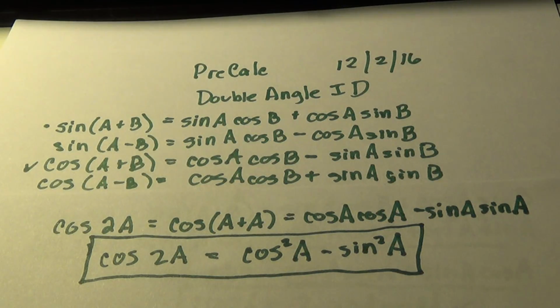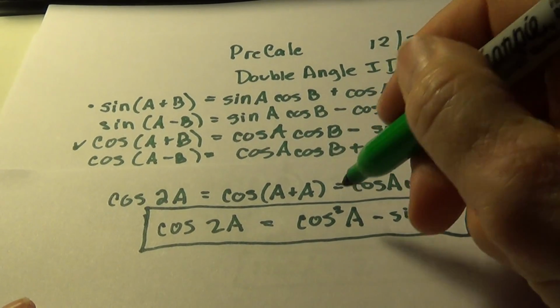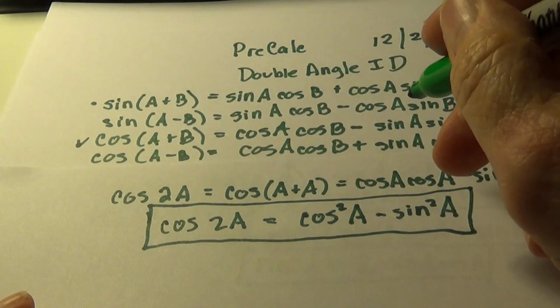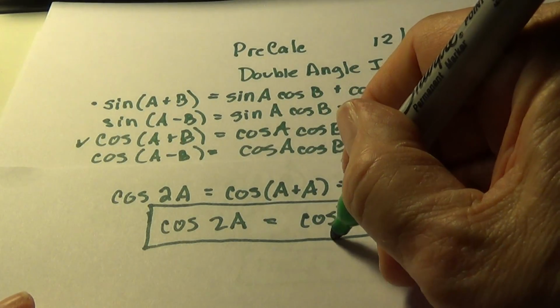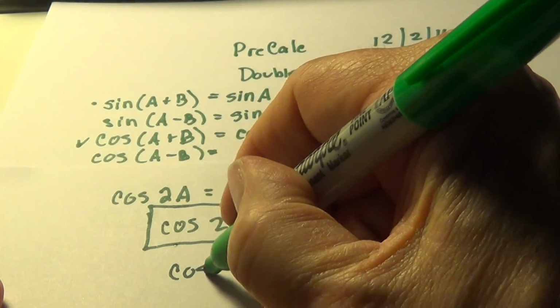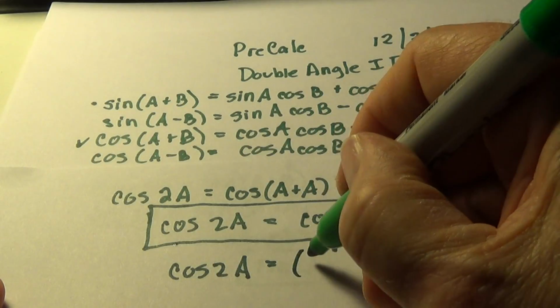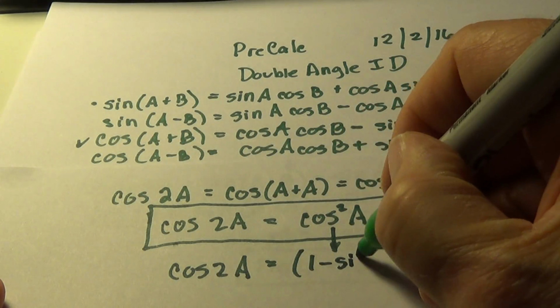And there is another form for this one. Sometimes it is helpful to use this expression in terms of sine only. So you'll recall from our Pythagorean IDs that cosine squared of a can be written as 1 minus sine squared of a.